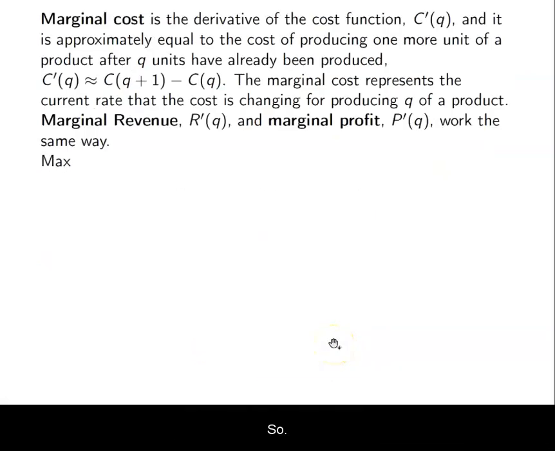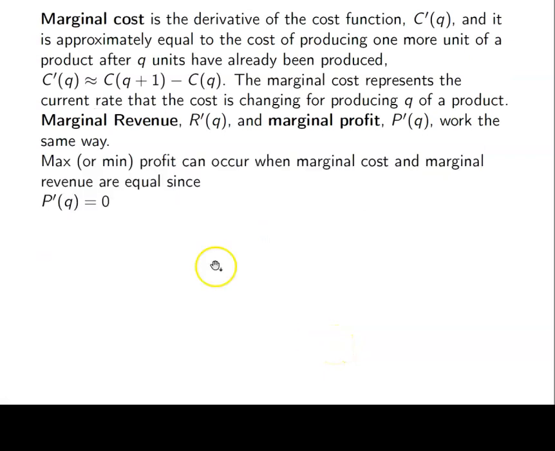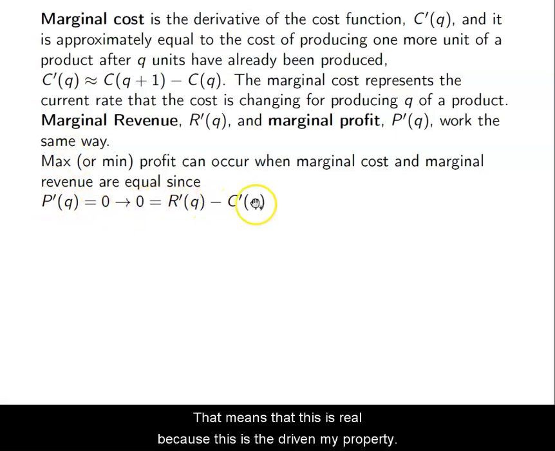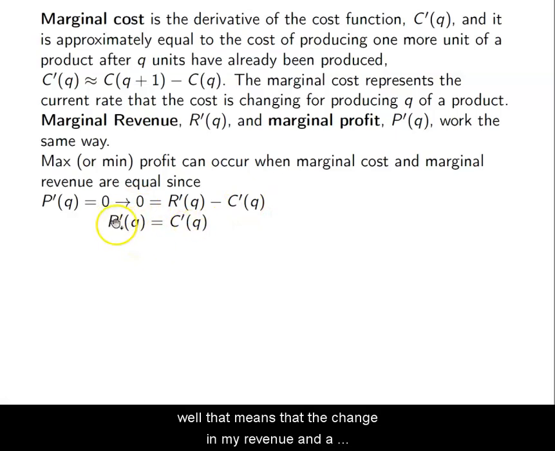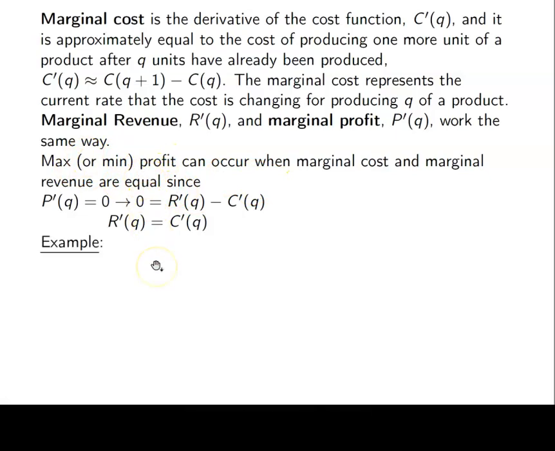A maximum or minimum value for my profit means that this derivative is 0. If I solve this by moving one term to the other side, that means the change in my revenue and the change in my cost are equal. Here we showed it mathematically, and before we explained it verbally.